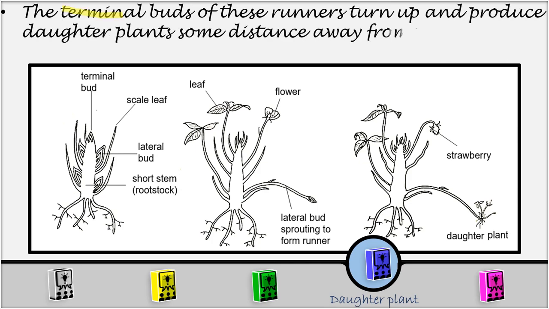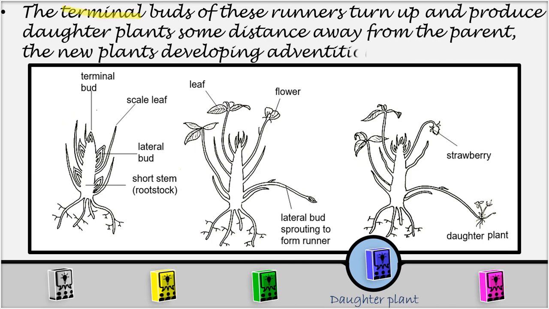The terminal buds of these runners turn up and produce daughter plants some distance away from the parent, and the new plants develop adventitious roots. So we have the runner, this runner which is coming from this parent.